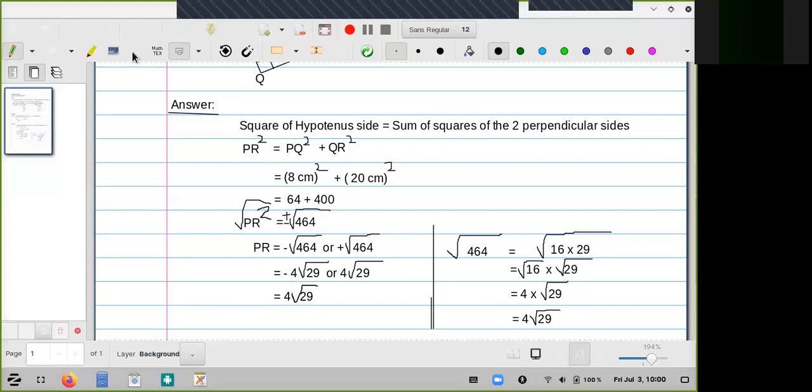Remember we said surd form is a number that has got a square root sign. Why? Because that factor is not a perfect square. So this is now the answer, which means PR is equal to 4 square root of 29 centimeters long. That's our final answer in surd form.